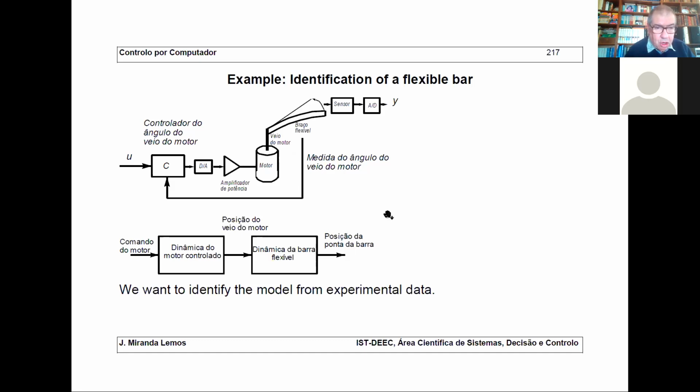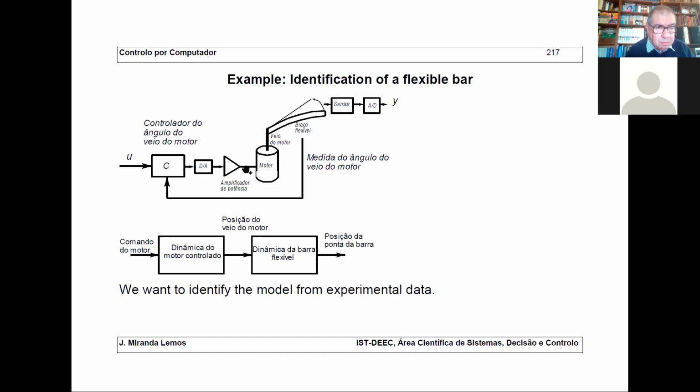Instead, in your work, I'm assuming that I don't have this feedback. So my command to the motor is the tension applied to the motor, and if I apply a constant value of U, the motor will start spinning endlessly. In other words, in your lab work there is not this feedback.